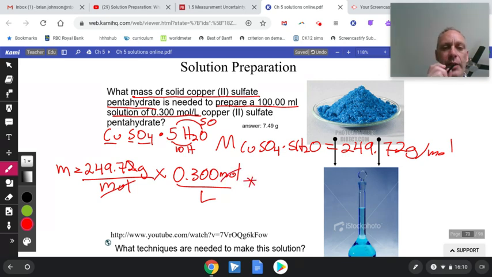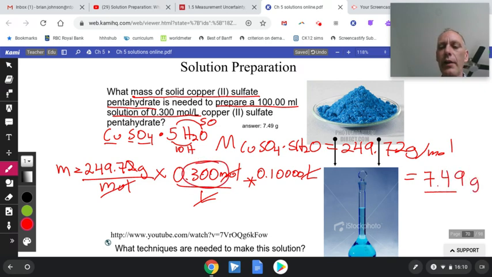Now we just need to get rid of liters, and that's that 100 milliliters or 0.1000 liters. Gone. And crunch all those numbers, you get 7.49 grams. It's written right on the screen. 3 sig digs because that's 3 sig digs.